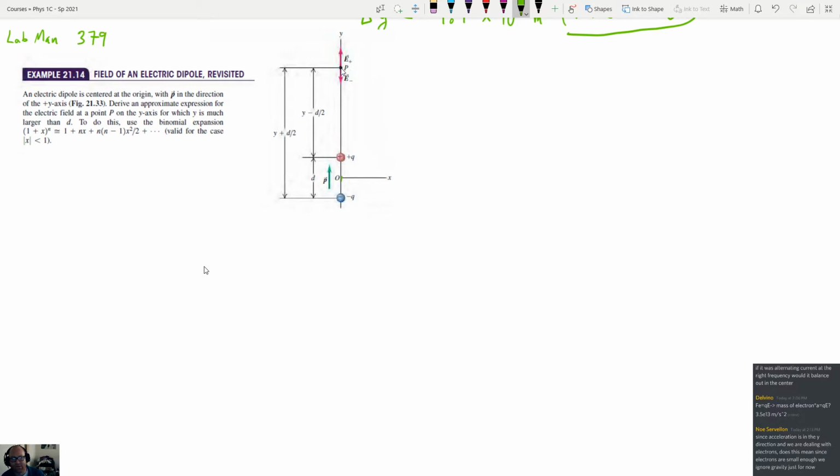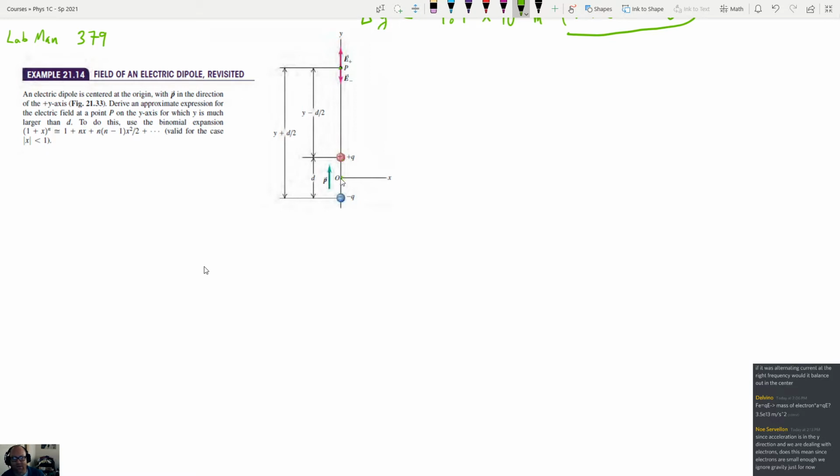And our goal is to find the size of the electric field at point P. And I'm going to talk about what this p vector means when we get to the end. We call this the dipole moment, but we'll get to that at the end. So we basically just want to find the electric field at point P. And the other thing we're going to do specifically is we want to find the field at a point y.